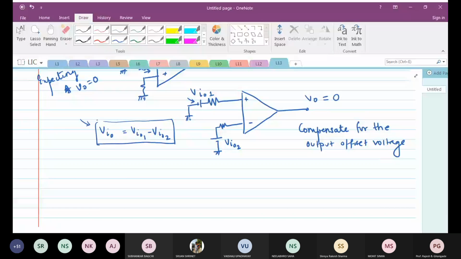Now this VIO can be positive or it can be negative. So normally the data sheets will tell you the absolute value.